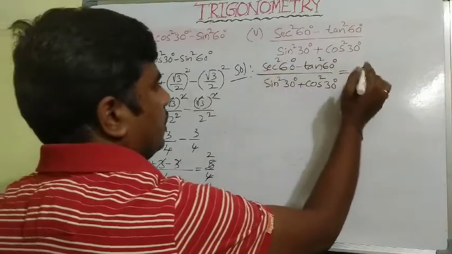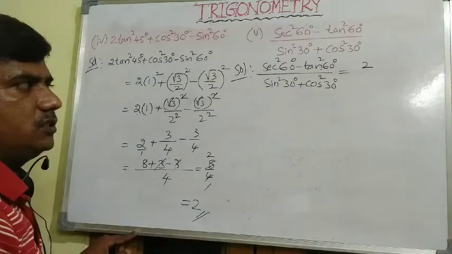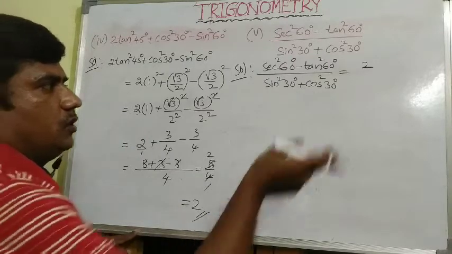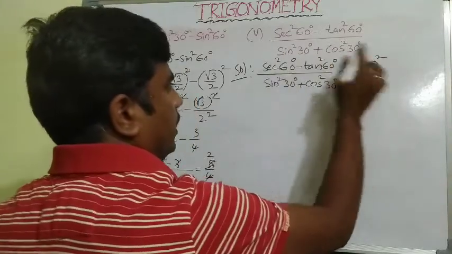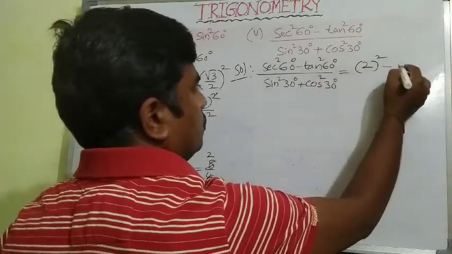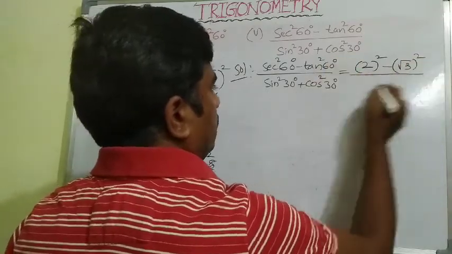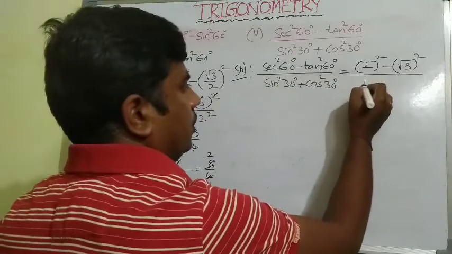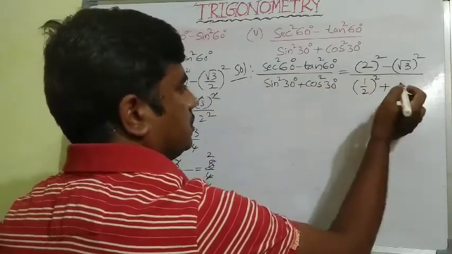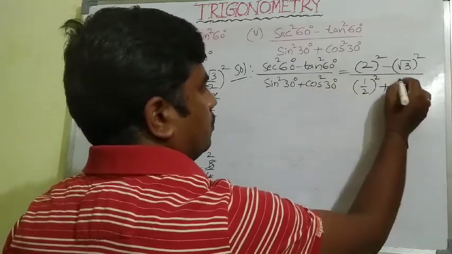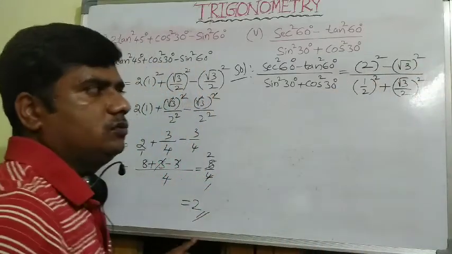So sec 60 value is 2, since sec 60 is the reverse of cos 60, and cos 60 value is 1 by 2. So reverse, 2 by 1 means 2. So 2 square minus tan 60 value root 3, whole square, by sin 30 value 1 by 2, whole square, plus cos 30 value root 3 by 2, whole square.